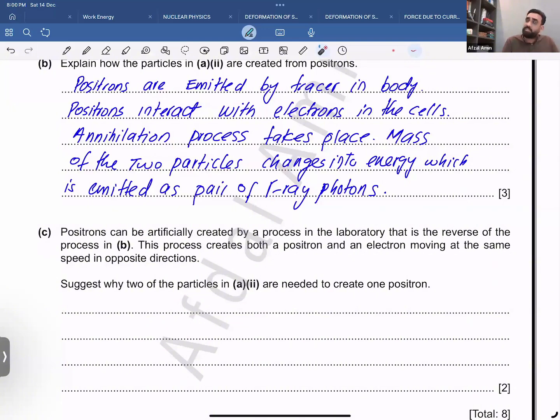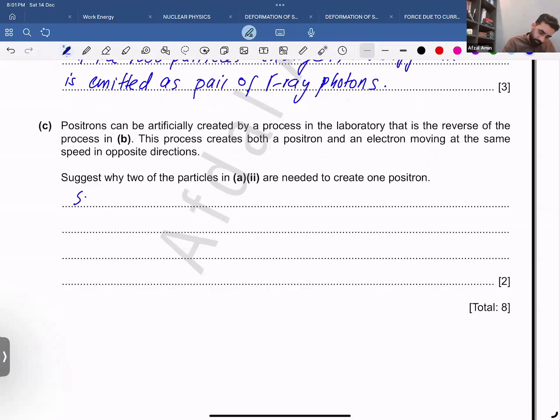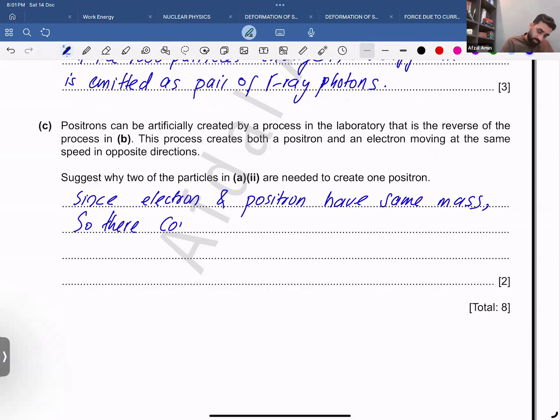So since electron and positron have the same mass, their combined momentum is zero. Combined momentum zero means what?